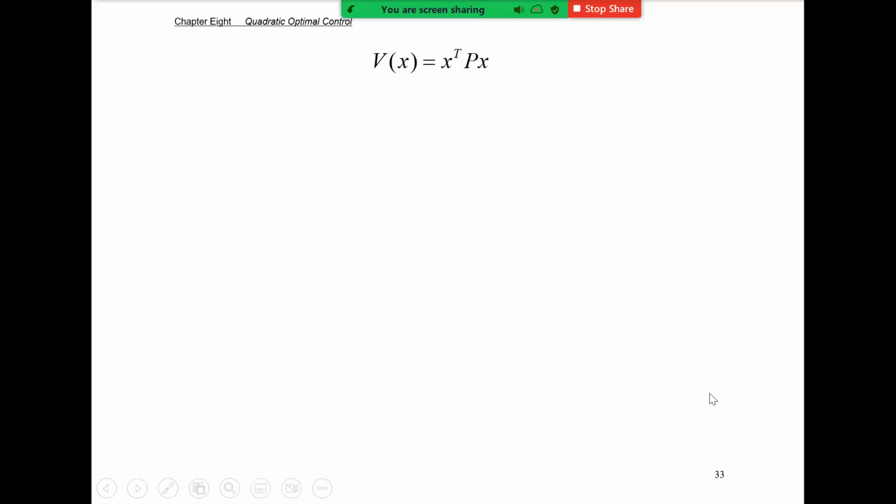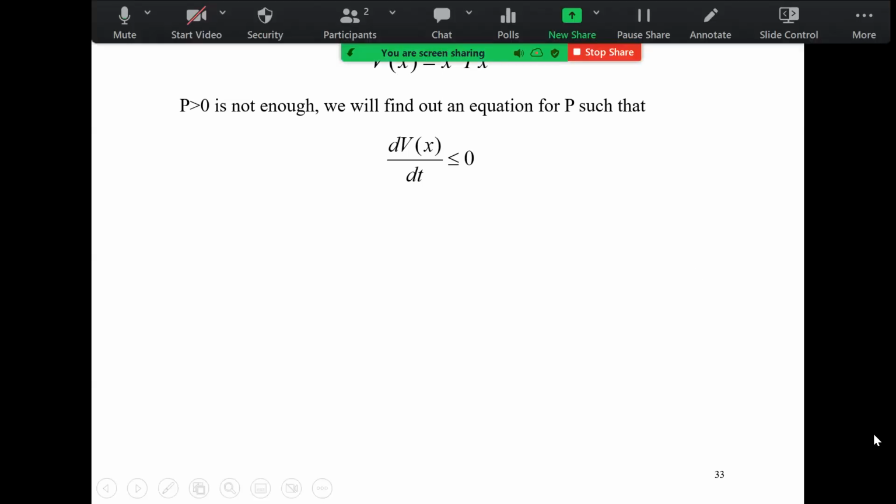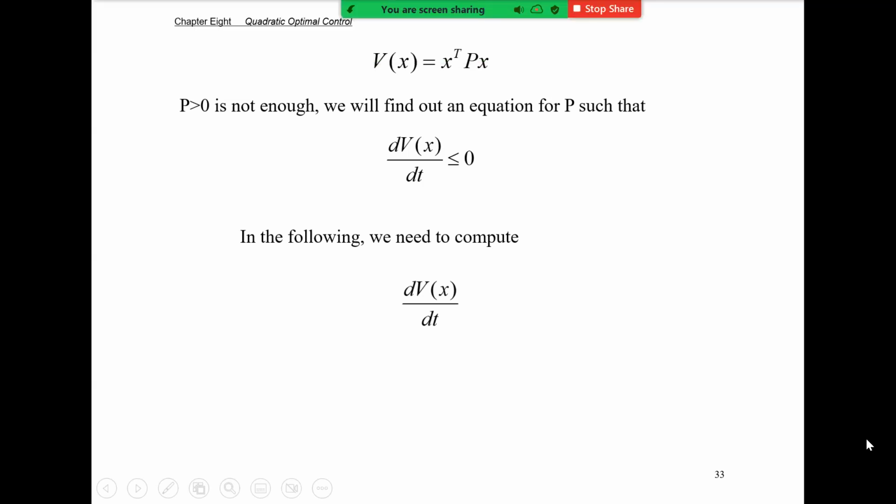Now, of course, we are going to design the P. But we know the first requirement is that P is positive definite. Then let's try to get the change rate. We want to evaluate the change rate, and we want to make the change rate non-positive. So let's just compute the derivative of this Lyapunov function with respect to time.